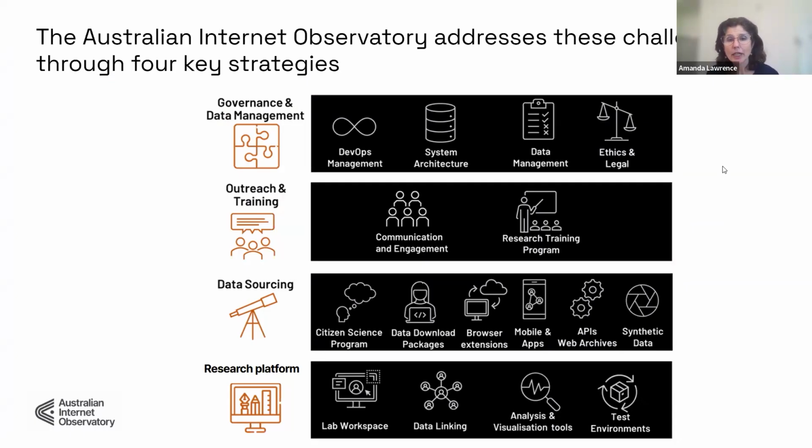There's an outreach and training program because we realize this is a really new area, and we need to upskill the community. The key part of the infrastructure that we're building is for data sourcing through a variety of methods, which we're going to go into in more detail today, and a research program platform where you can come in, establish your project, look at recruitment, work with colleagues, and do some level of data analysis. So that's our four core areas.